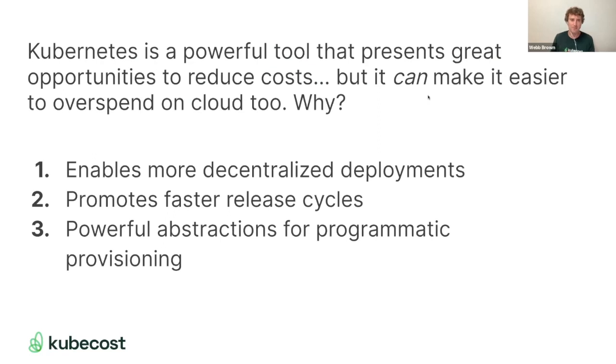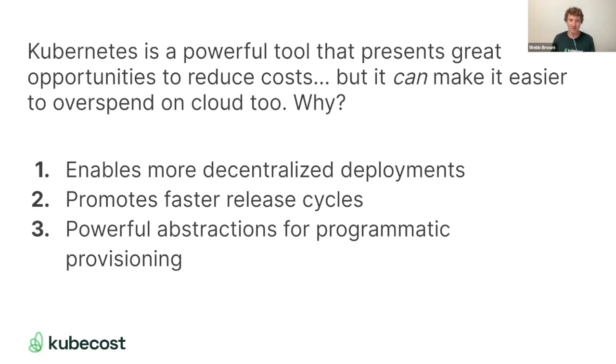First is that teams that fully embrace Kubernetes and cloud native deployment typically have more decentralized deployment mechanisms. So moving more towards microservices, where there's less of a centralized team controlling, governing, and really monitoring releases. As a result, releases tend to happen faster. You tend to have more dynamic environments where things are constantly changing.